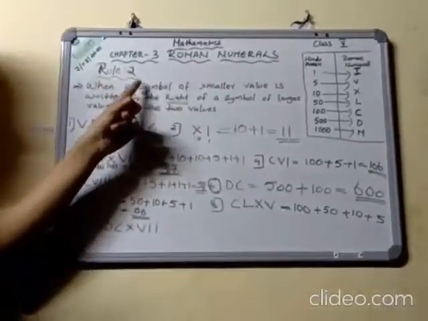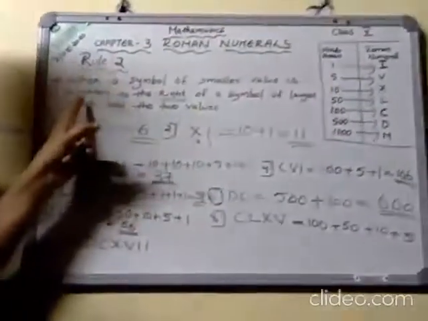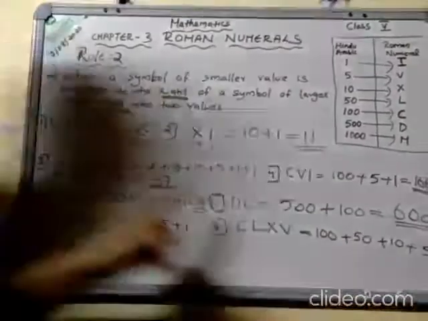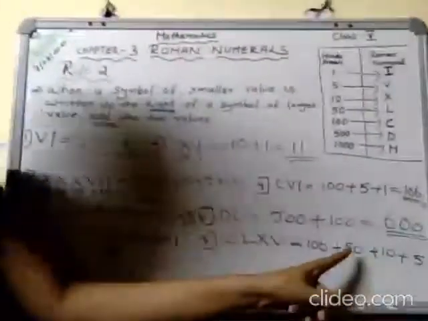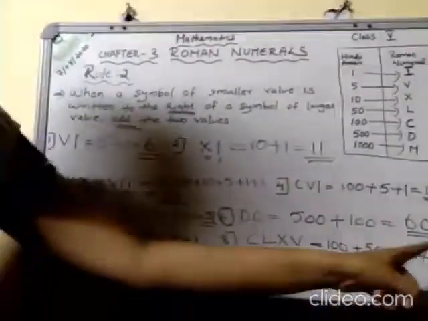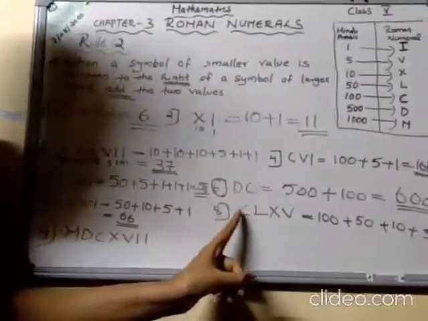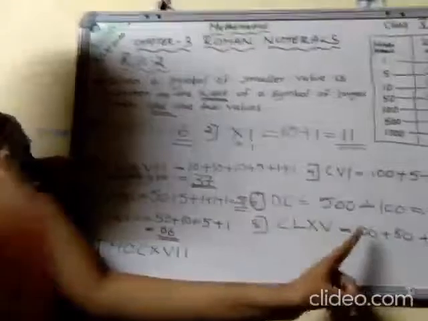The rule is that if the symbol of smaller value is written to the right of the symbol of a larger value, we have to add the values. See, here are all the smaller values. 50, 10, 5 are all smaller values and they are written to the right side of the larger value 100. So that is why we are adding here.